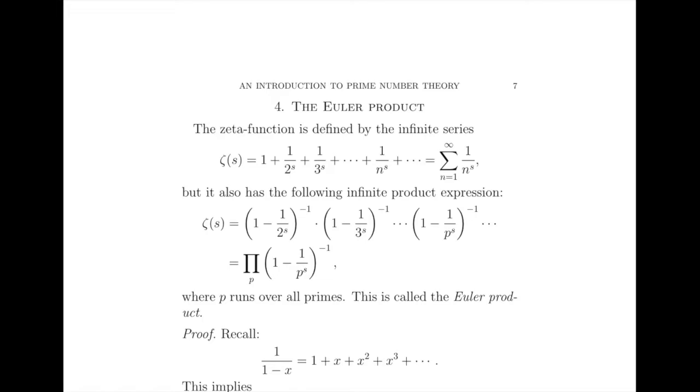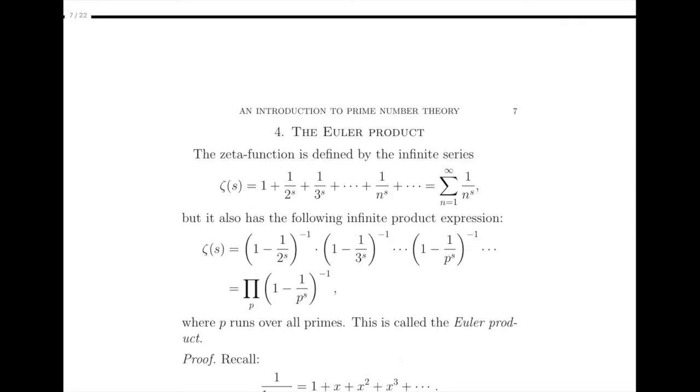Now we will discuss the connection between the zeta function and the prime numbers, which is given by the Euler product. So the Euler product is as follows. The zeta function is given by this infinite series expression, or by using the summation symbol like this.